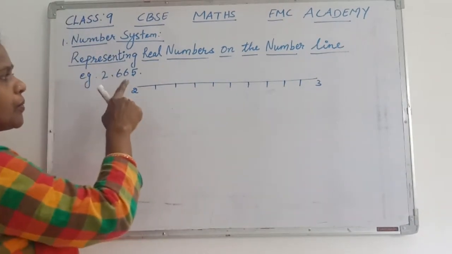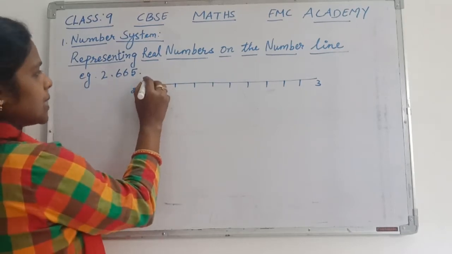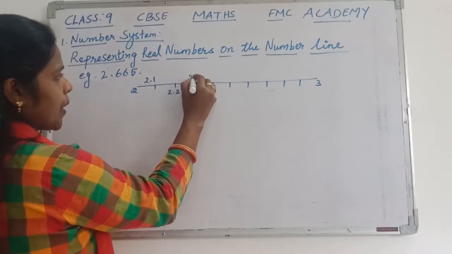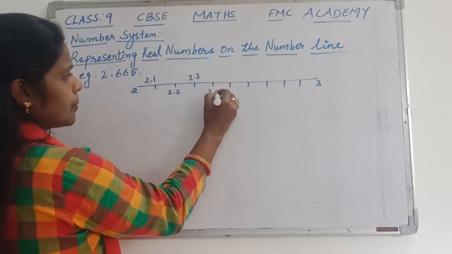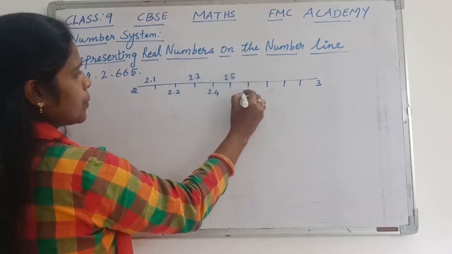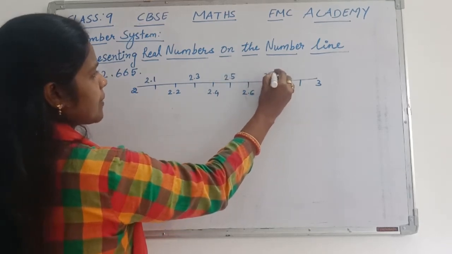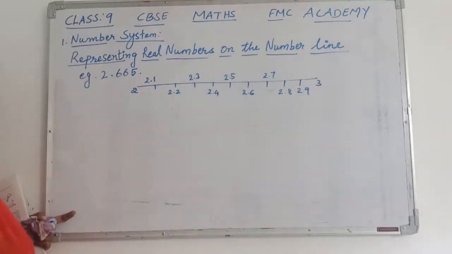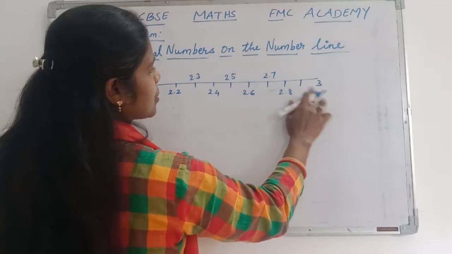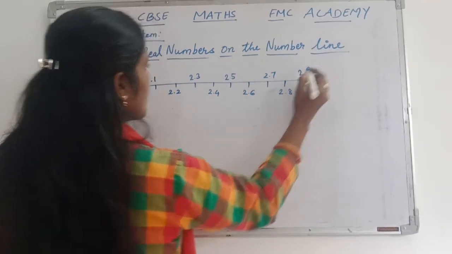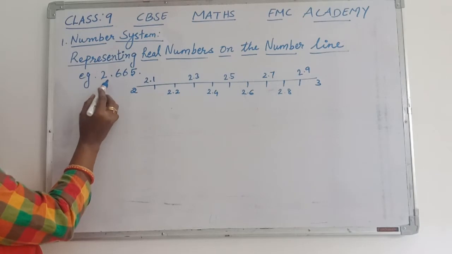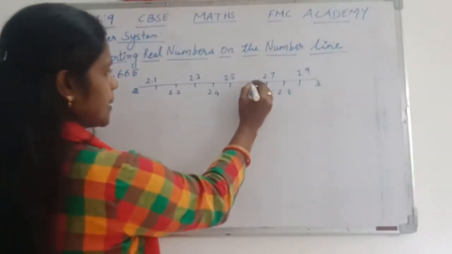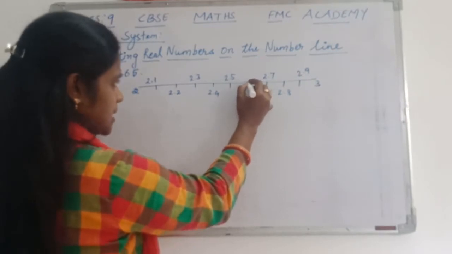Now if you want to write it in decimal form, this will be 2.1, 2.2, 2.3, 2.4, 2.5, 2.6, 2.7, 2.8, 2.9, then next it will be 3. Now the number which is required, we are going to take only the first 2 digits, that is 2.6, and locate it over here. So where is it? This one, 2.6, this is the place.